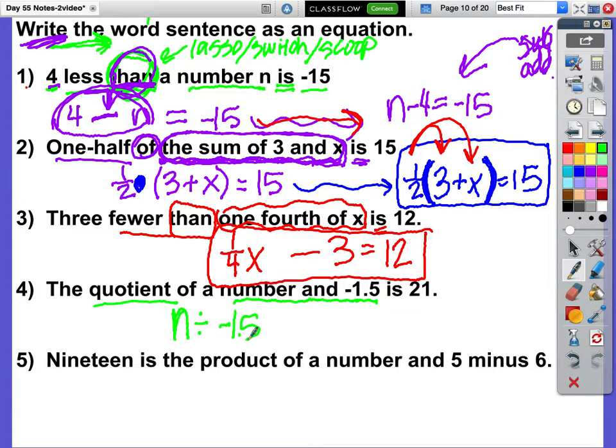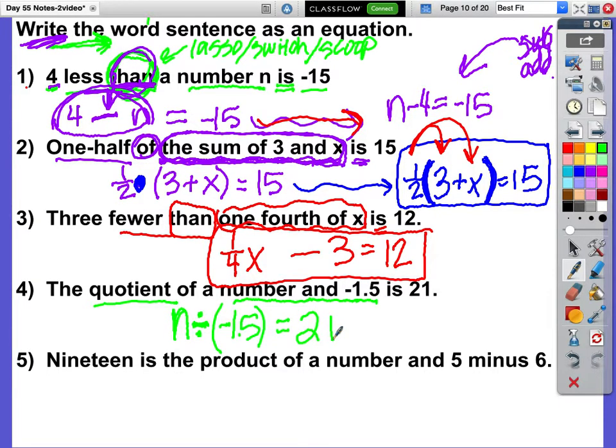A lot of times you'll see that this -1.5 is going to be in parentheses, just so it holds that negative in with it and it doesn't get mixed up and lost with this division symbol. So we've got a number divided by -1.5 is 21.